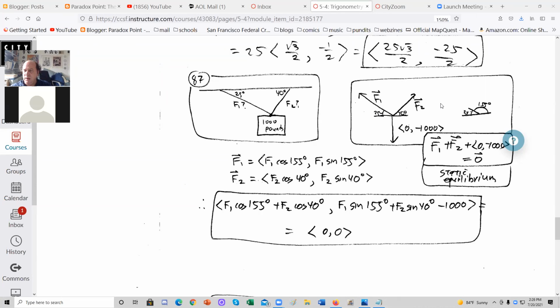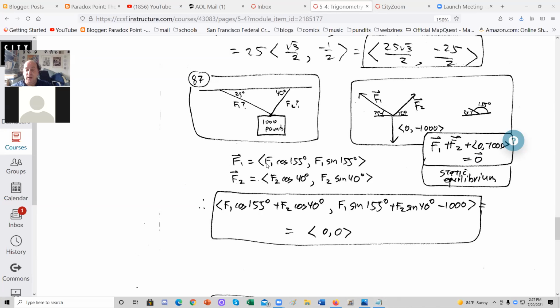Now here's the trick. If this weight is not moving, then it's at equilibrium, which means that all forces on it add to 0. So F1 plus F2 plus 0 by negative 1,000 equals 0. That's static equilibrium. So, okay, we need to know the components of F1 and F2.